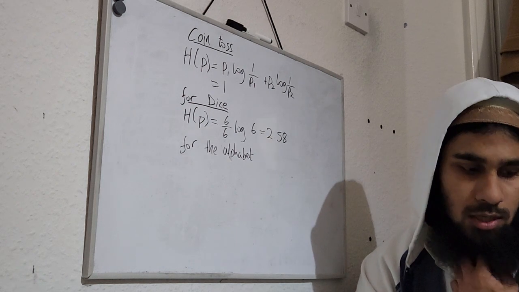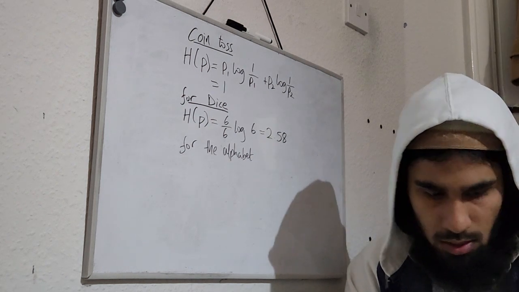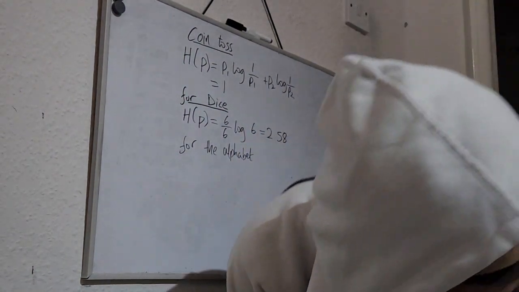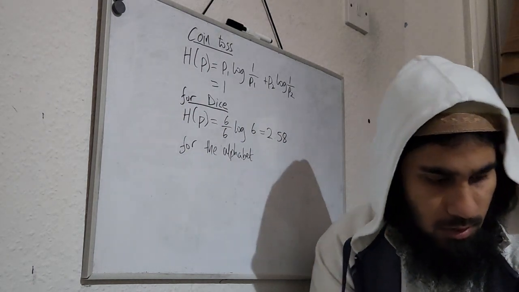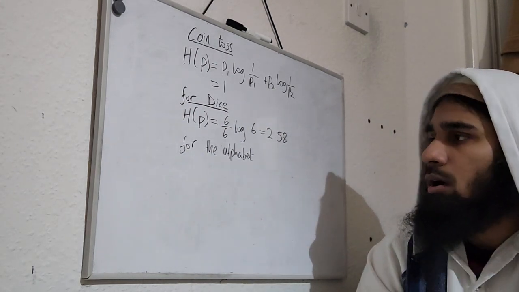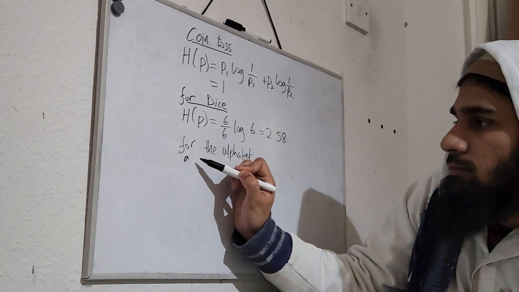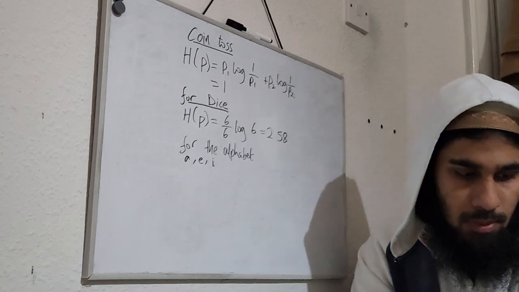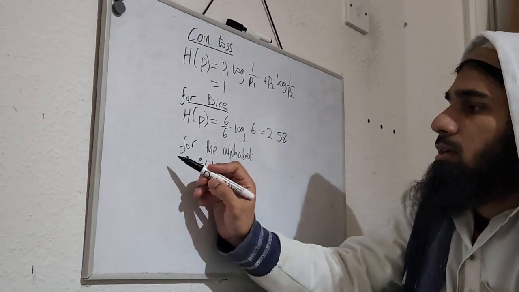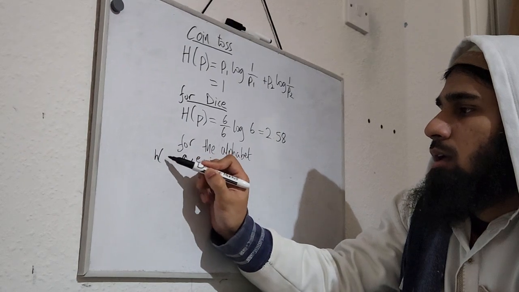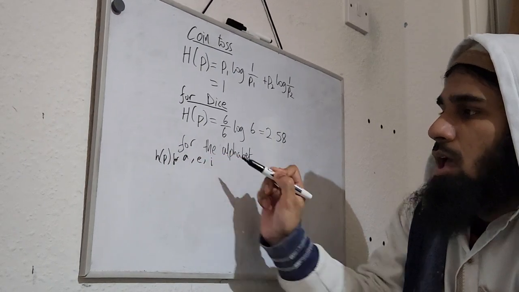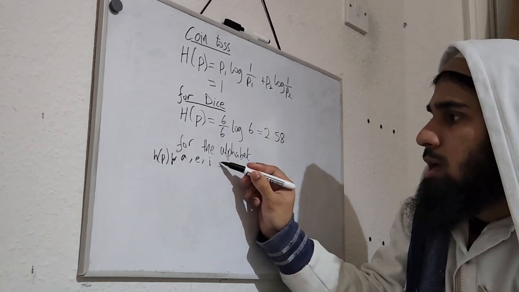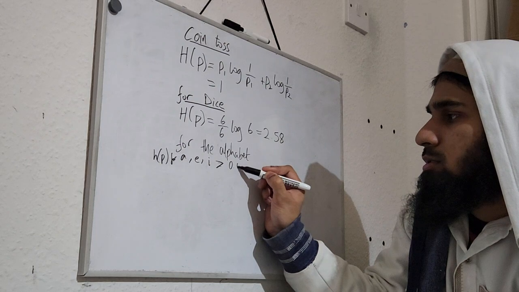And we've done that for the dictionary. A, E, I, their H(P) is higher than 0.05.